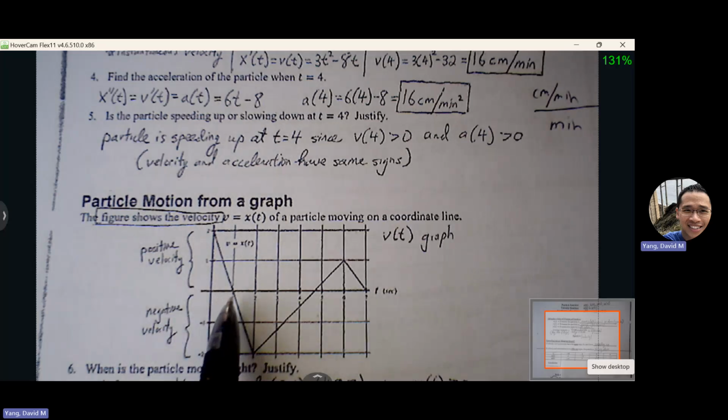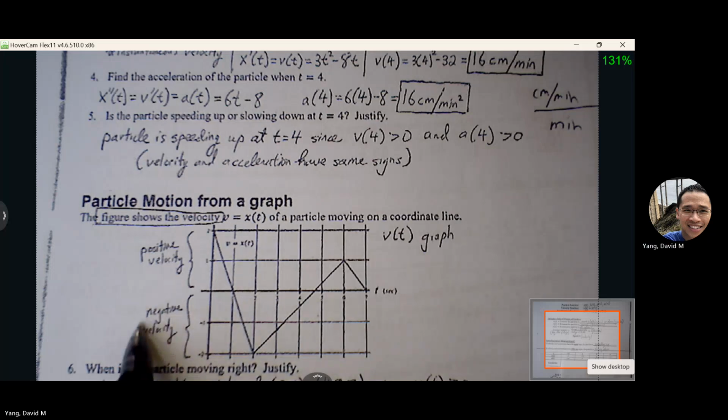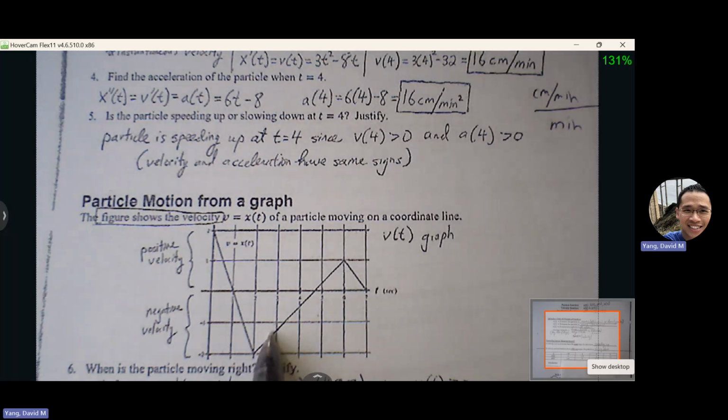But then at a moment in time, it's going to end up stopping completely, changing direction, and then getting down to negative velocity, it's going to speed up, speed up. It's going to reach its highest velocity at t equals 2, and it's going to slow down, stop, turn around, move to the right again, speed up, slow down, and then it comes to another stop.